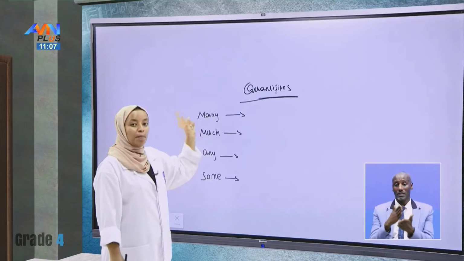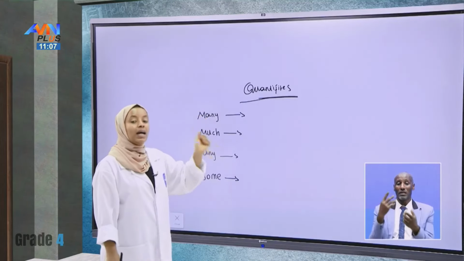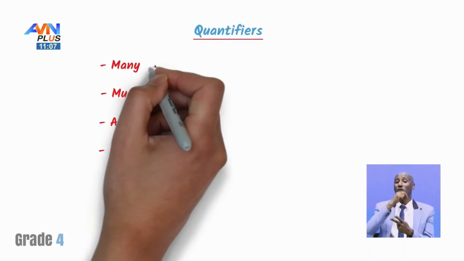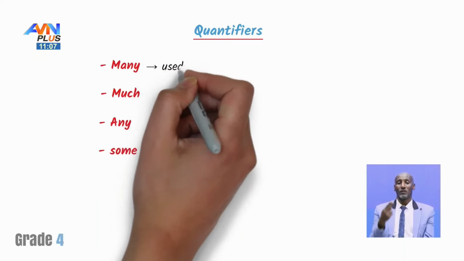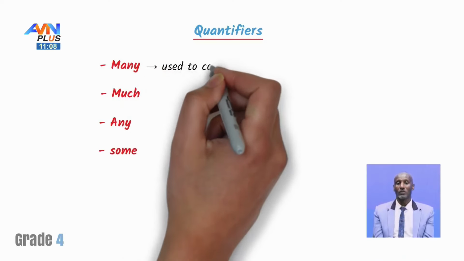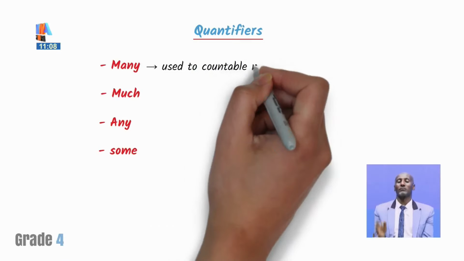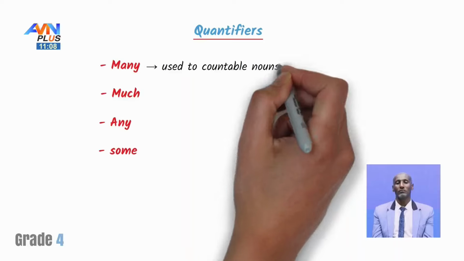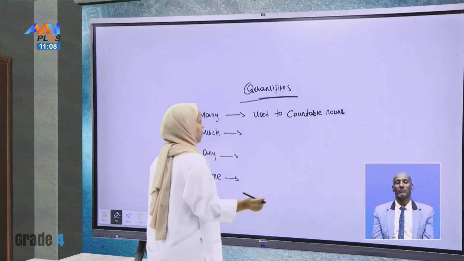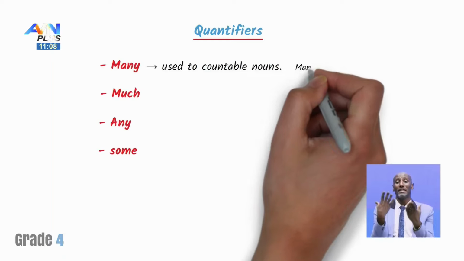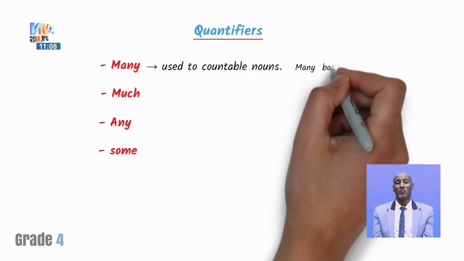Many is used for countable nouns. For example, we can say many books.